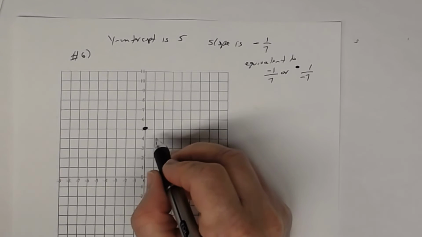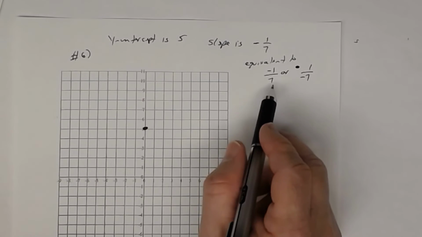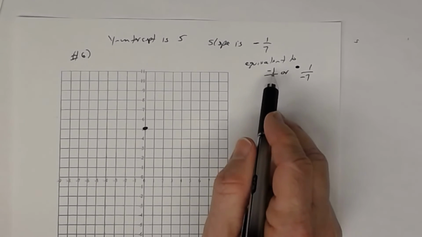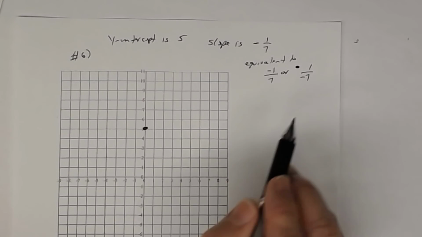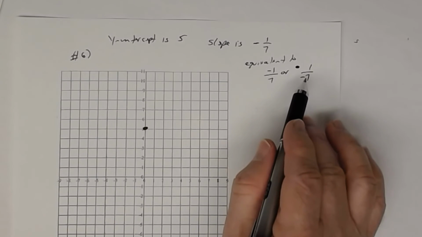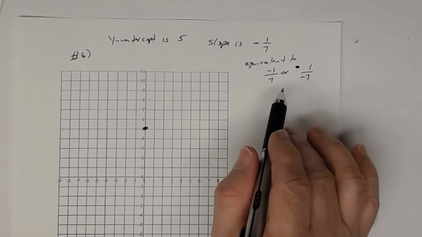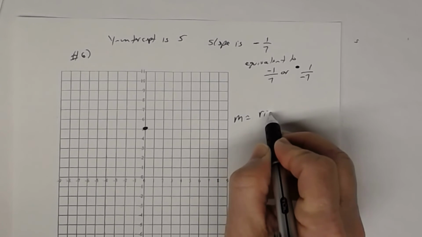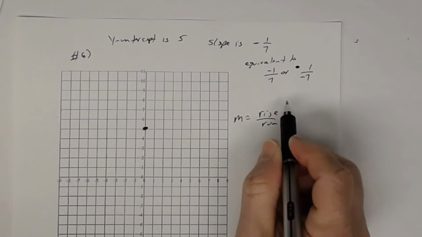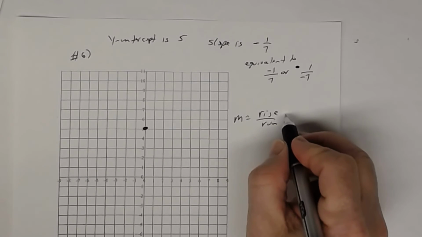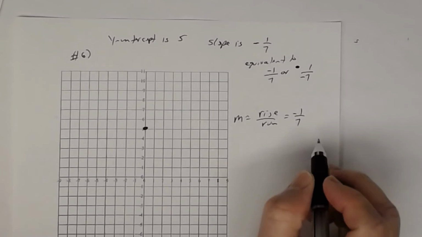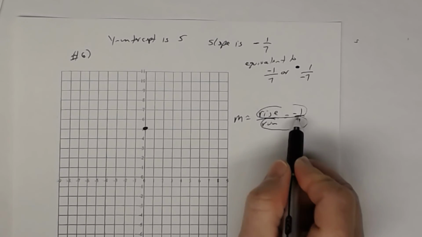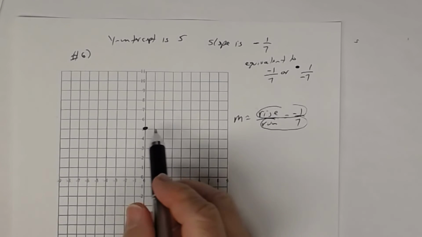To find the other point, I'm going to use the slope, and it does not matter whether you say -1 divided by 7 or 1 divided by -7. I'll do it both ways just to show you. We know that the slope is rise over run. So let's use -1/7 for the first one. My rise is -1 and my run is 7.